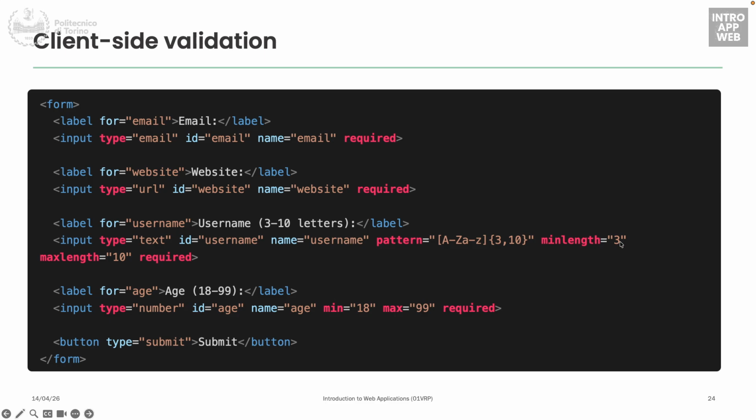And we also apply such attributes to make sure of the min and the max length, and we set this one as required. And finally, for the age, we specify that the minimum value that we will accept is 18, the maximum 19, and it is also required. What will happen when I try to submit something that is required?